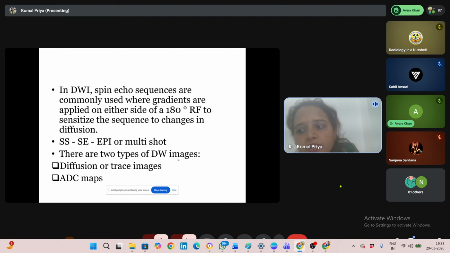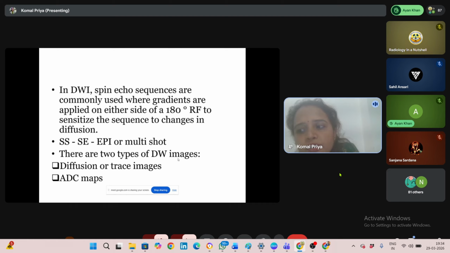So two types of diffusion weighted images will be generated. First will be the diffusion or trace image. In this, the area which is damaged will have restricted diffusion and low ADC, so it will appear brighter compared to the normal tissue, where diffusion is free and ADC is higher.